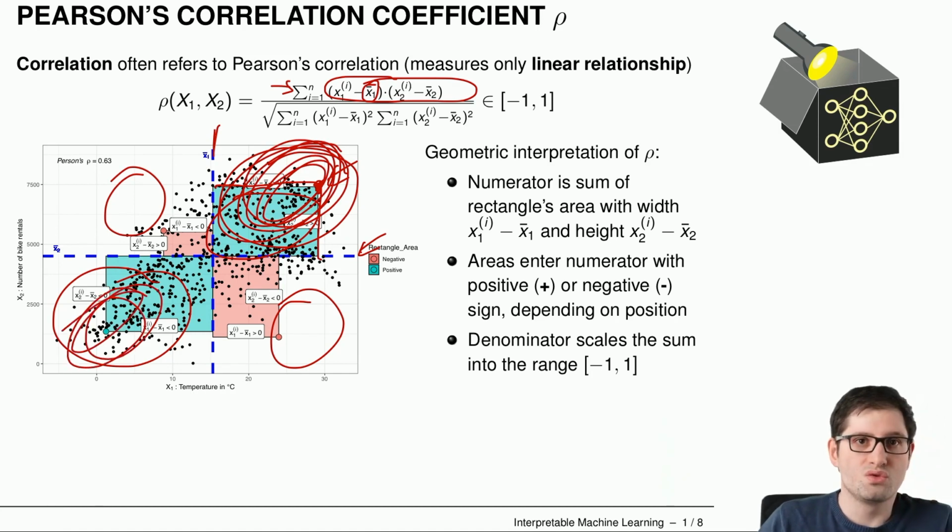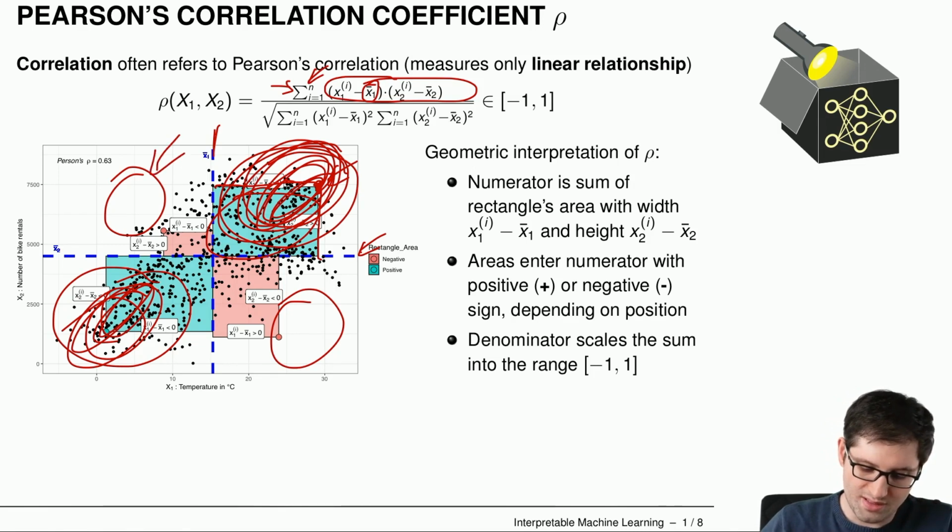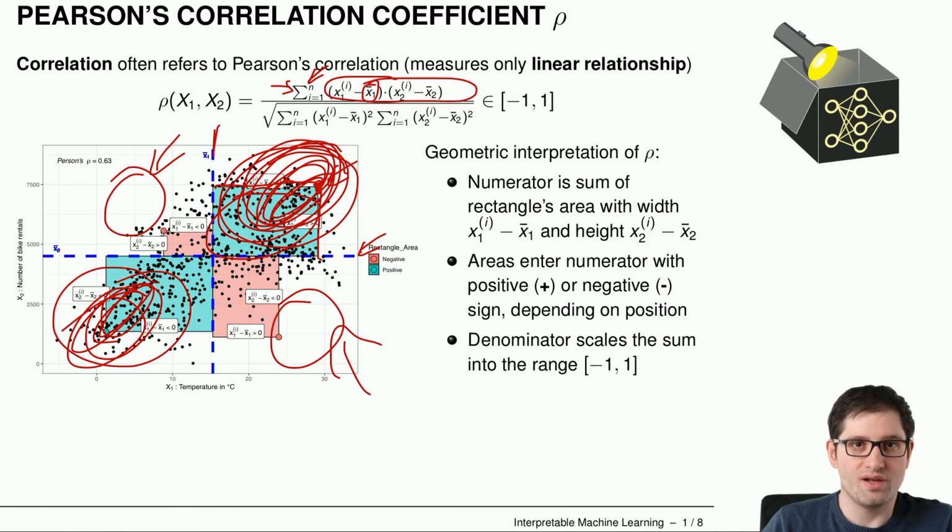Here, the two values will always both be negative, and the product of two negative values will be positive as well, meaning that from here and here, we will always have two positive areas that go into this summation. For points that are here and here, we will always have negative areas.